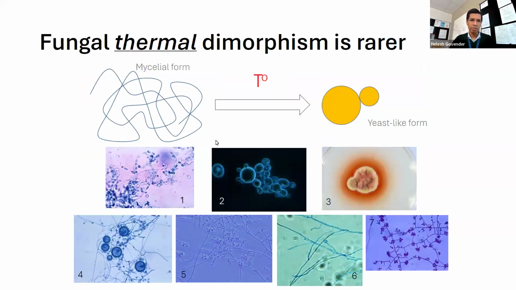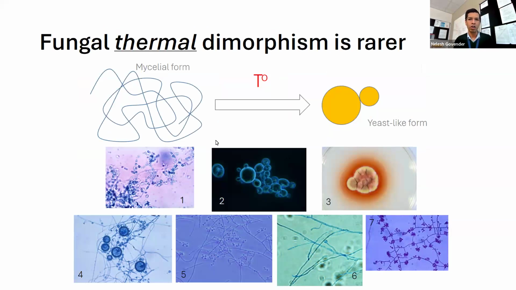But fungal thermal dimorphism is a much rarer phenomenon. There are 7 fungal genera for which temperature is the trigger for conversion from a mold to a yeast form.